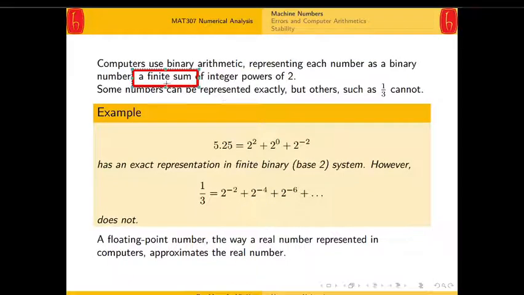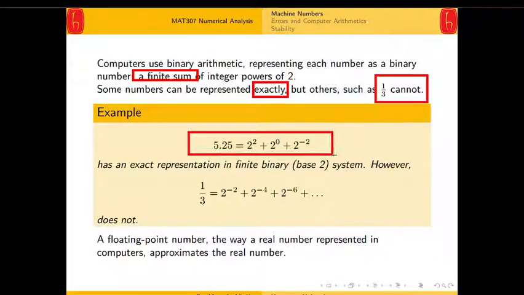For this reason, some numbers can be represented on the machine exactly, but some others cannot. For example, if we consider the number 5.25, the binary representation of this number will be 2 to the second plus 2 to the 0 plus 2 to the -2 power.